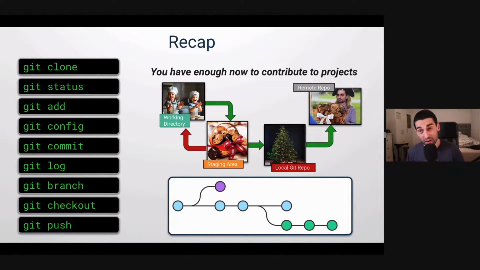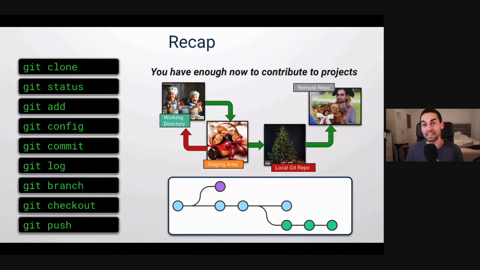And then when we're finally ready to lock it in and save it into our Git history, we use the git commit command to take that basket of cookies, those delicious code changes, and put them underneath the proverbial Christmas tree? I don't know. That's where the analogy started to fall over. Underneath the Christmas tree, we see a historical collection of cookie baskets that are commits from the past.